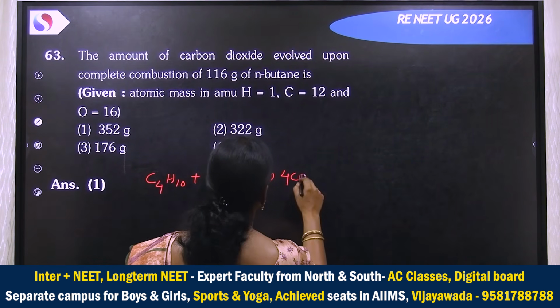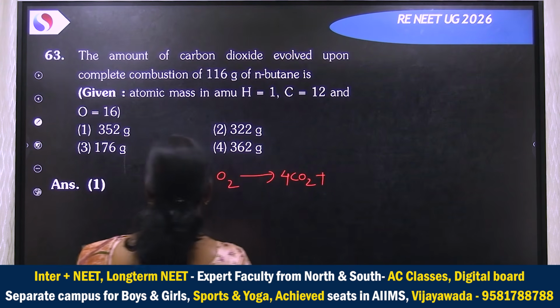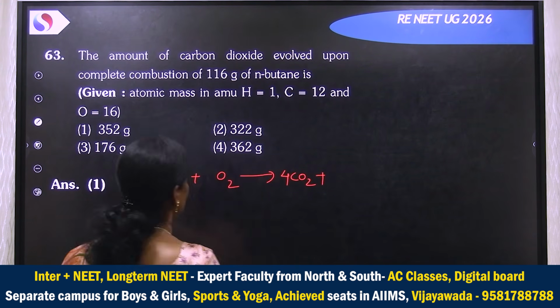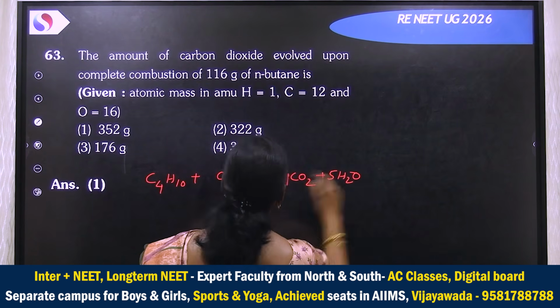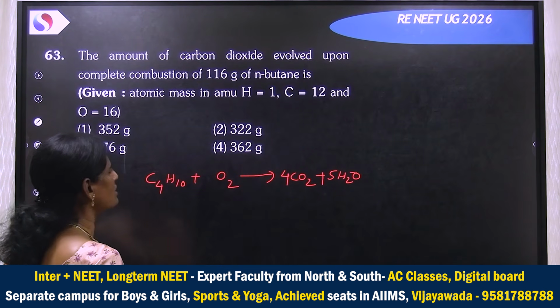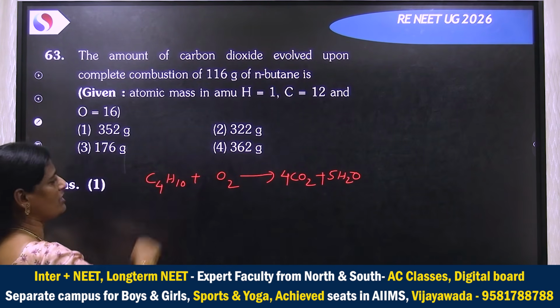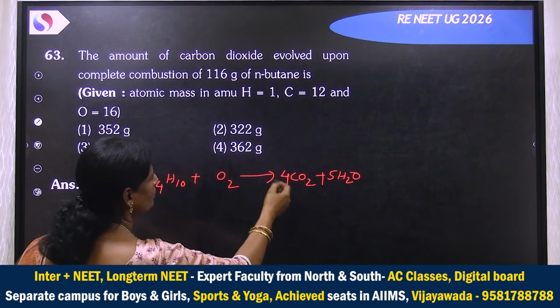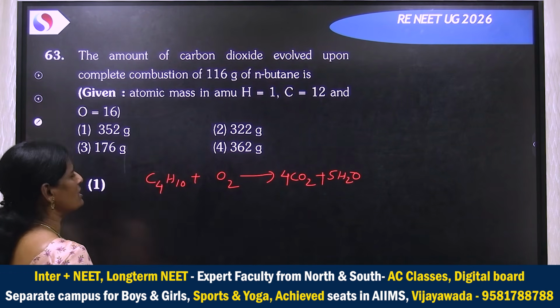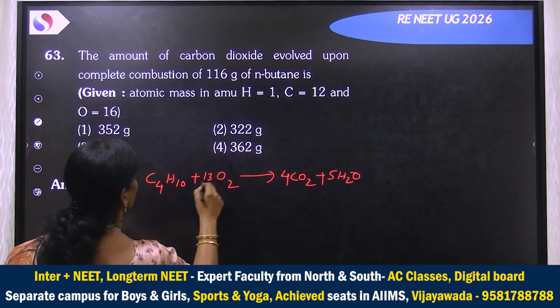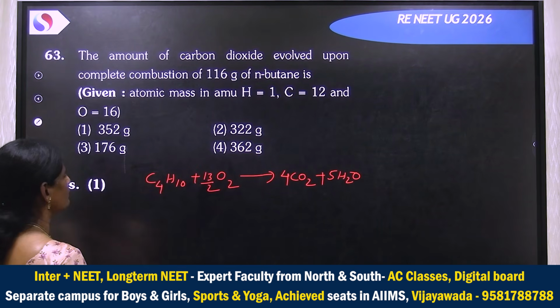Therefore, 4 moles of carbon dioxide, and since there are 10 hydrogen atoms, 5 moles of water are formed. So how many oxygens are required when we balance the equation? 4 into 2, 8, plus 5, 13 oxygens are required. So 13 by 2 O2.